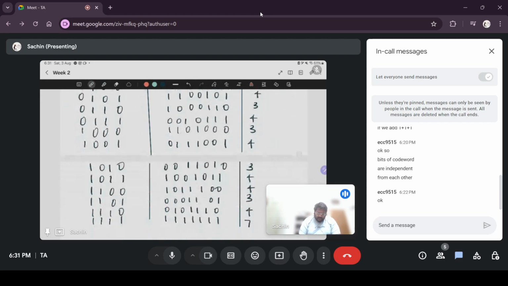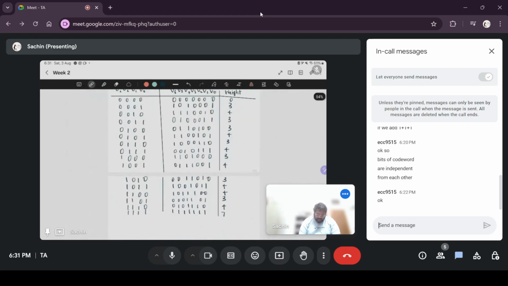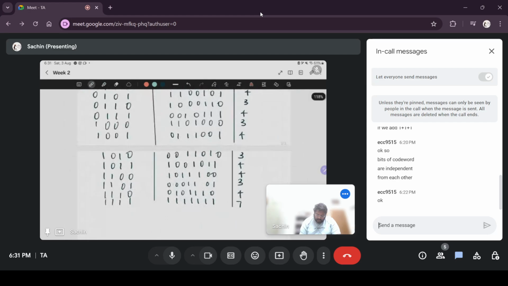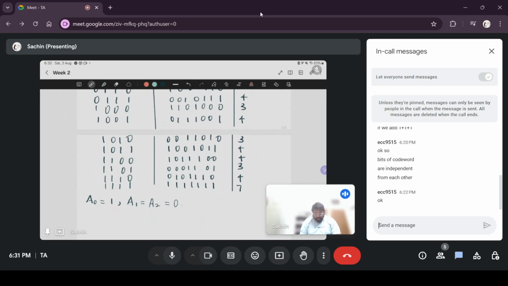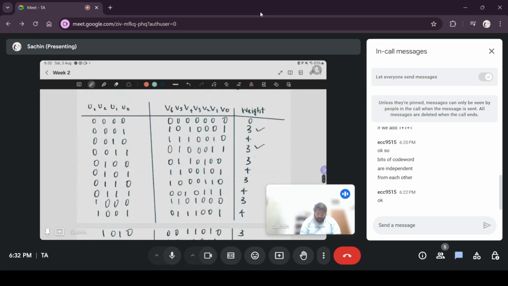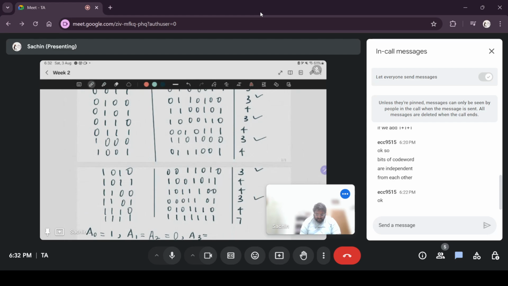So now we can write down the weight distribution. Distribution will be A0, that is code words with Hamming weight 0, you have one of them. You don't have any code words with Hamming weight 1 or 2, so A1 and A2 will be 0. Number of code words with Hamming weight 3, 1, 2, 3, 4, 5, 6, 7.